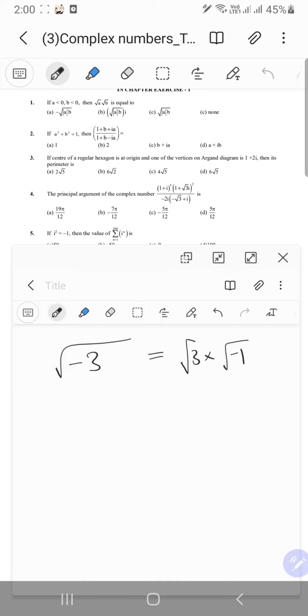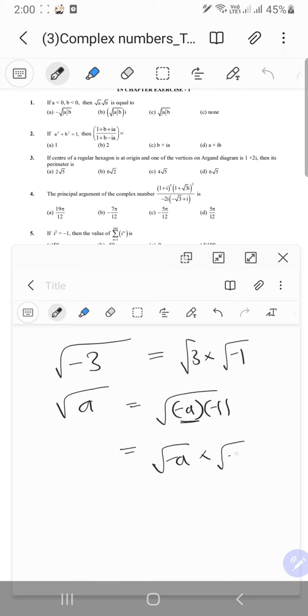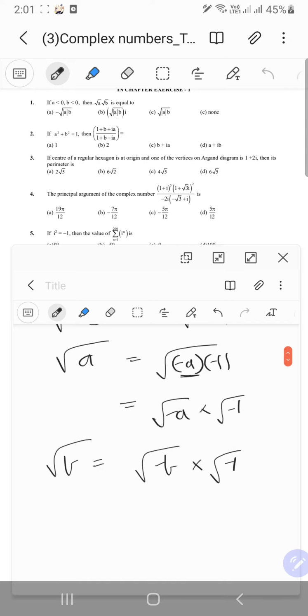So according to our definition, square root of a can be written as square root of negative a times negative 1. So this is a positive number, so this can be written as square root of negative a into square root of negative 1, and square root of b can similarly be written as square root of negative b times square root of negative 1, and this will be iota, and this will also be iota.